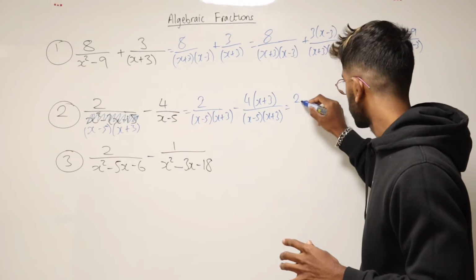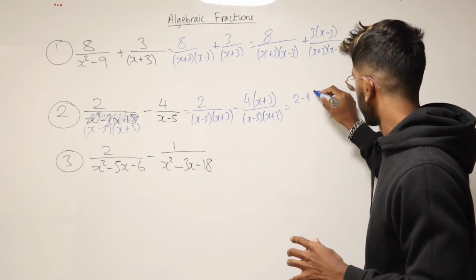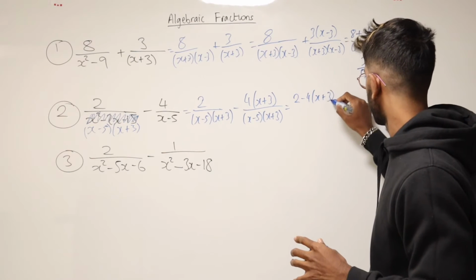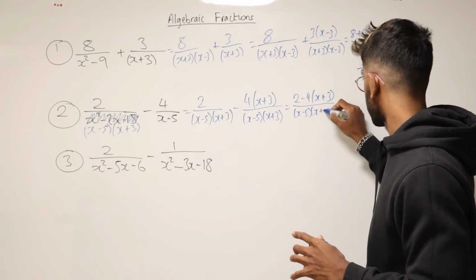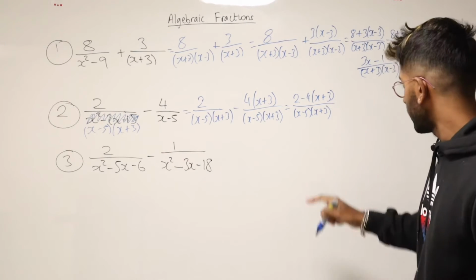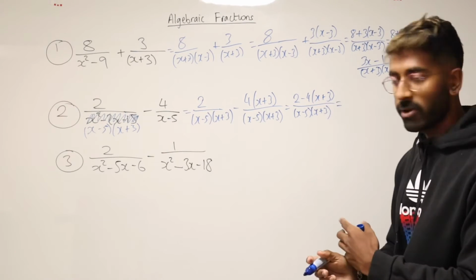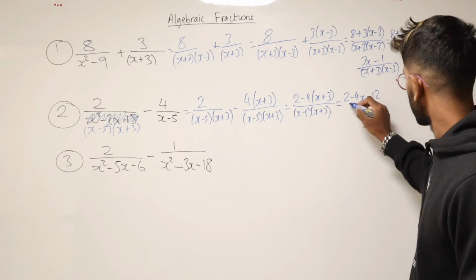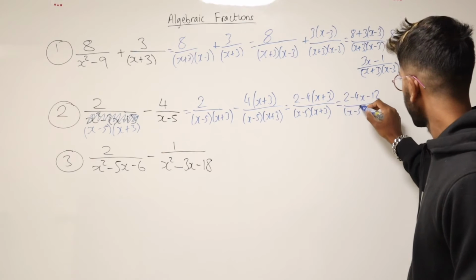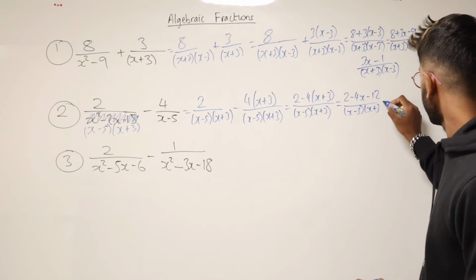So we'll have 2 subtract 4 lots of x plus 3 over x minus 5 and x plus 3. So this is good. And then the top now, we'll just expand that, simplify it, and then we're there. So that's 2 minus 4x minus 12 all over x minus 5 and x plus 3.